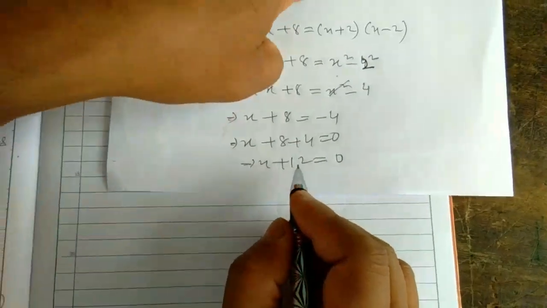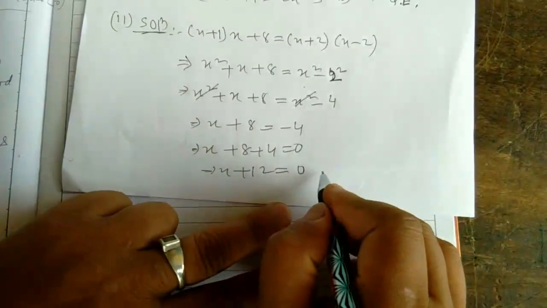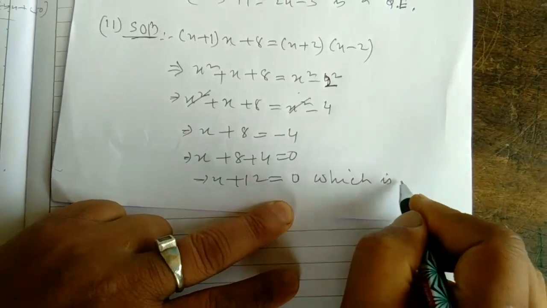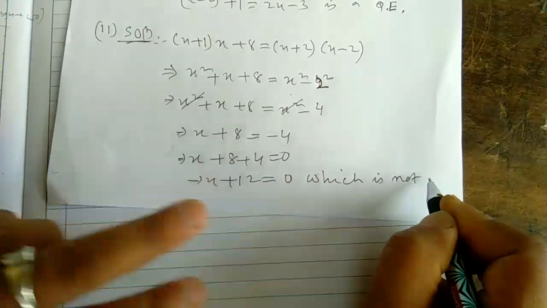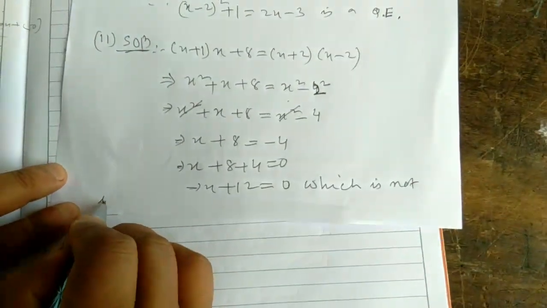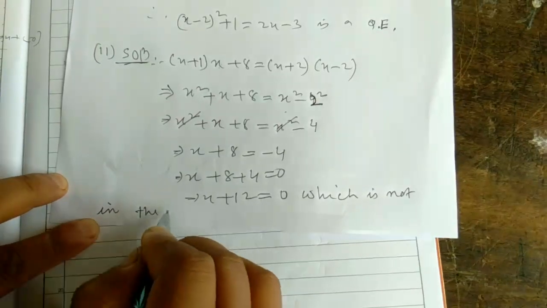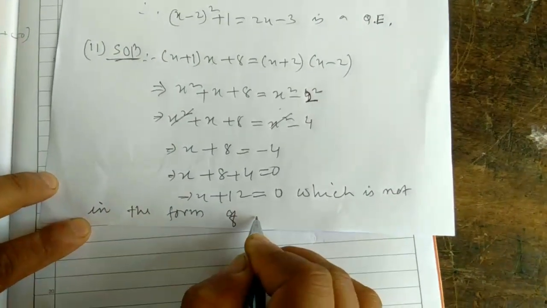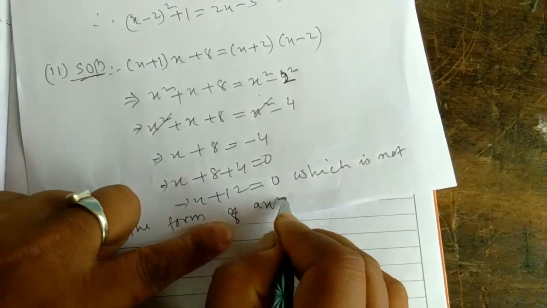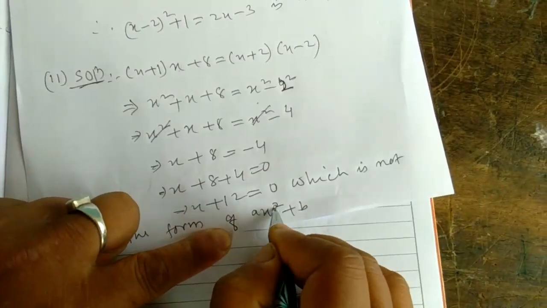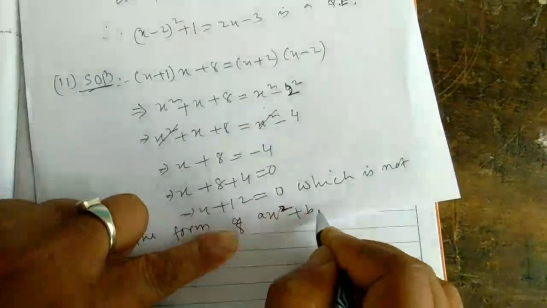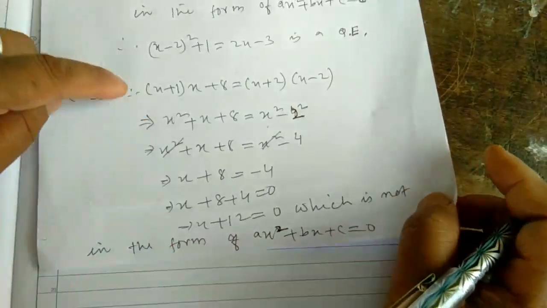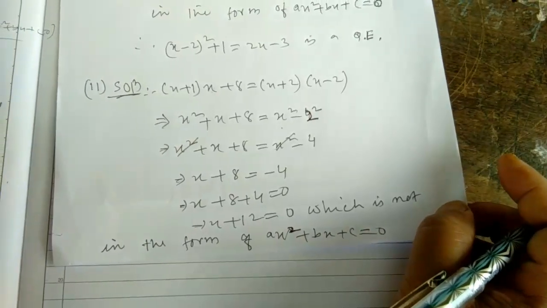This is not in the form of ax square plus bx plus c equal to 0. Therefore, this is not a quadratic equation.